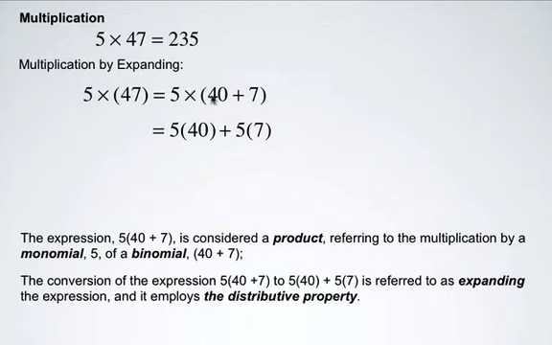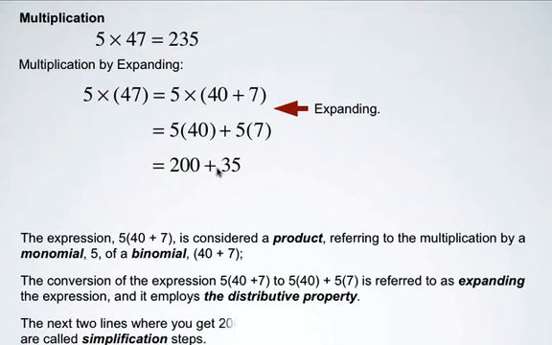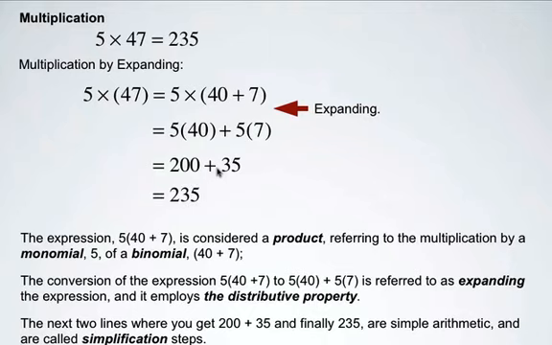This is the distributive property. When we carry out these multiplications, we get 200 plus 35. The next two lines where you get 200 plus 35 and finally 235 are simple arithmetic and are called simplification steps. We're simplifying our answer.